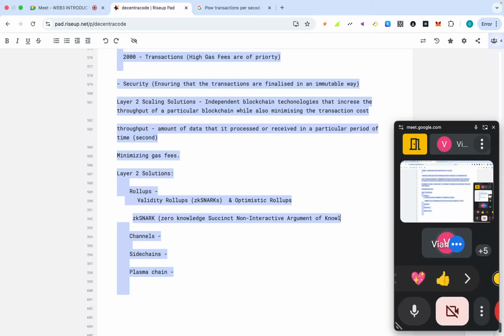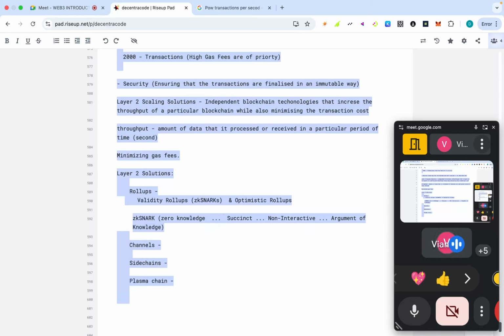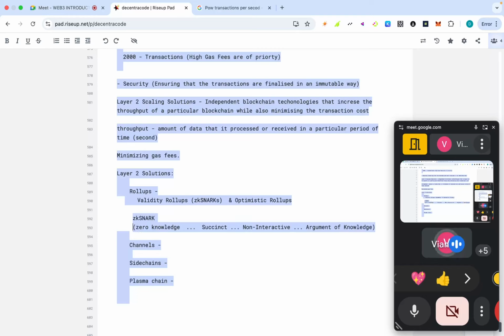Just to divide it in a way that makes it understandable, I'm going to divide it into 3 parts, I think. So argument of knowledge, non-interactive, zero knowledge, succinct. There are 4 parts actually, I think, for us to understand it better. So let me put it down here.